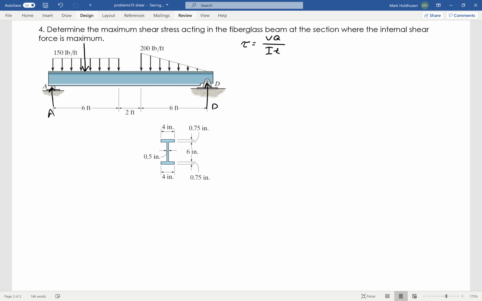Right at the center of this guy, I've got 900, which is the 150 times 6. At 1/3 away, right here, it's going to be 1/2 base times height, so that should be 600 for the triangle.